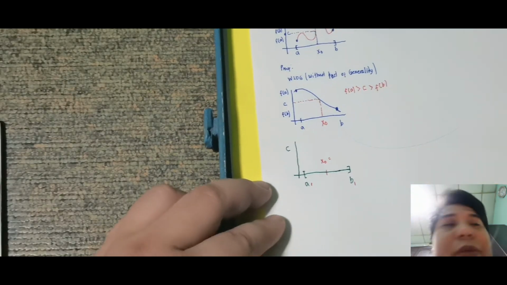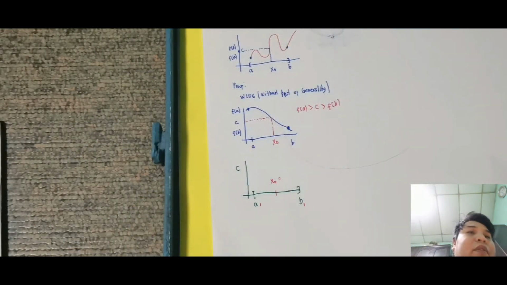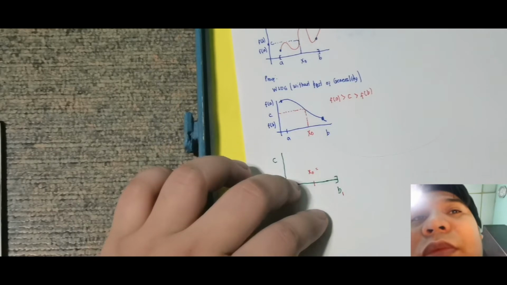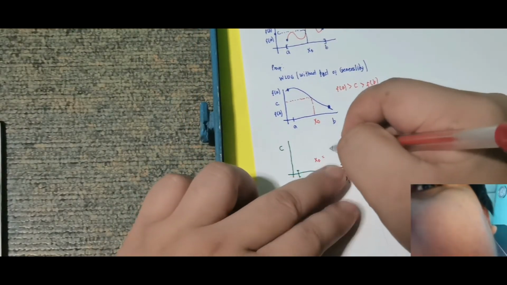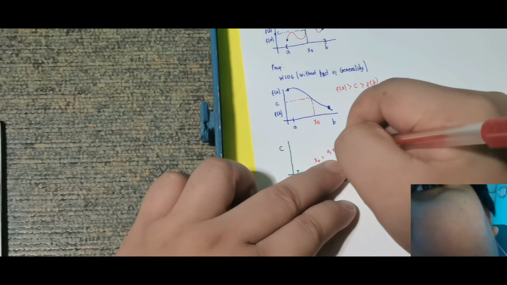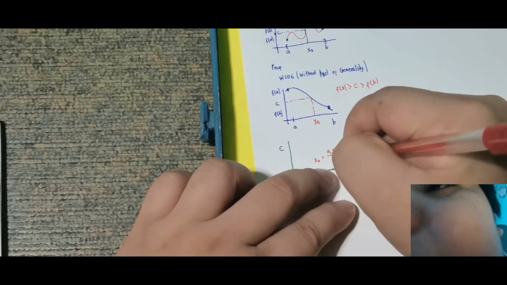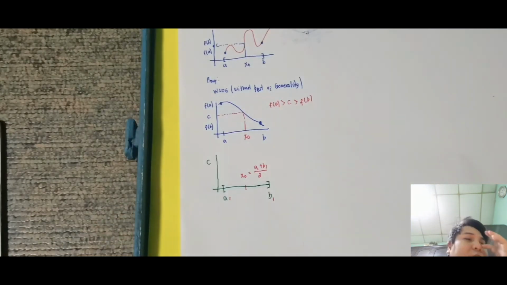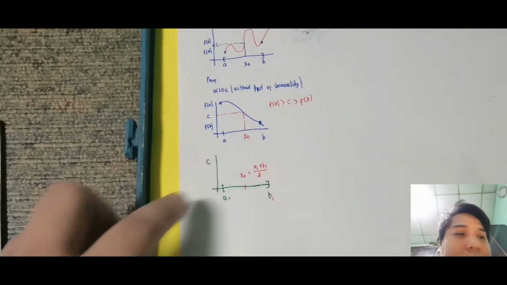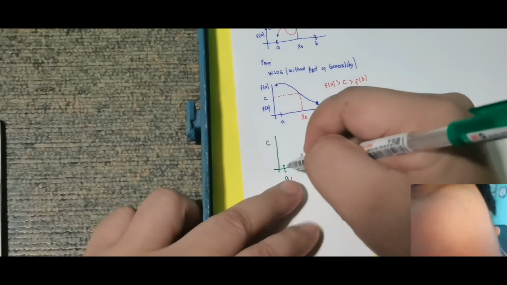Kumbaga sa start interval, hatiin ko interval, ito kalahati. Okay, so ano ibig sabihin ni X naught? Sa X naught natin is A sub 1 plus B sub 1 over 2. Okay, ngayon, ang gagawin natin, since hinati ko yung interval, pipili tayo dun sa kalahati kung saan natin gusto nangyari. So, maaaring baka nandito sa X naught. So, ang gagawin ko, pinili ko to.